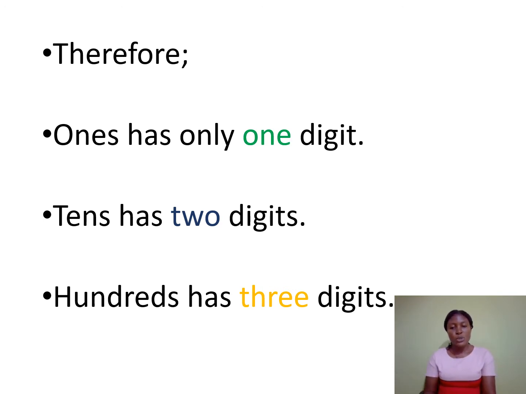Now let's go to hundreds. Hundreds has three digits. This means that hundreds consists of three number symbols, which are 0, 1, 2, 3, 4, 5, 6, 7, 8, and 9.